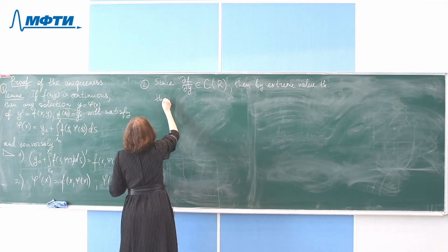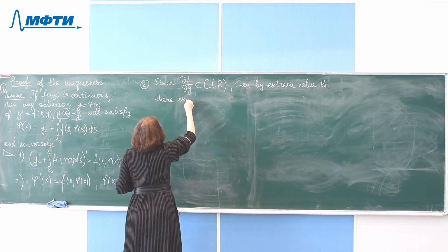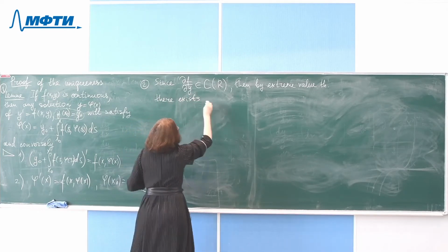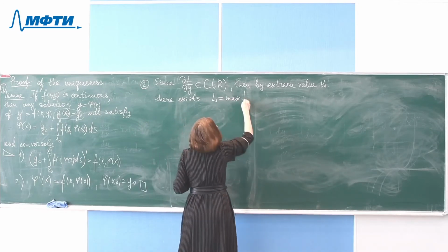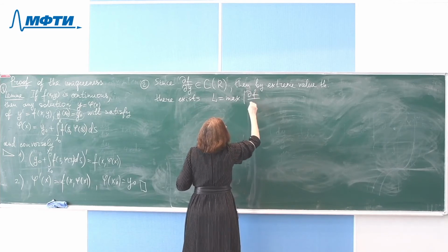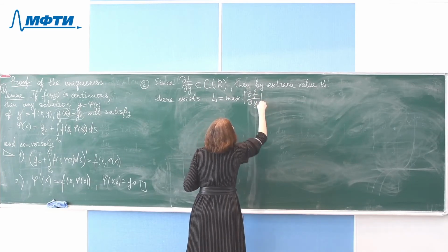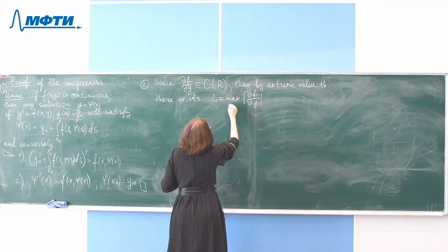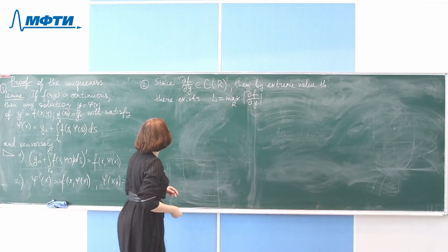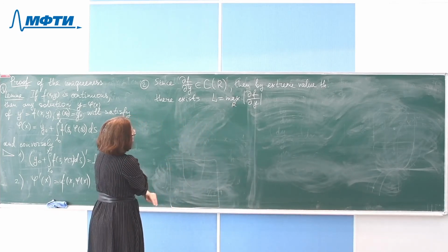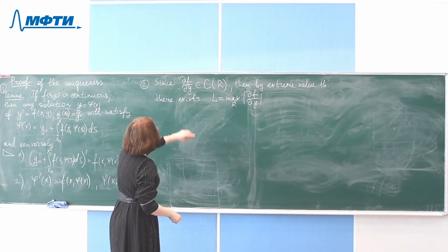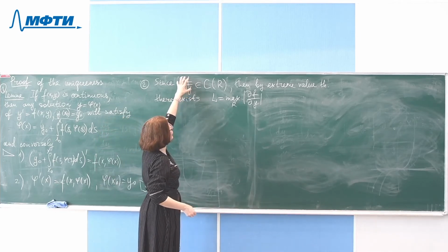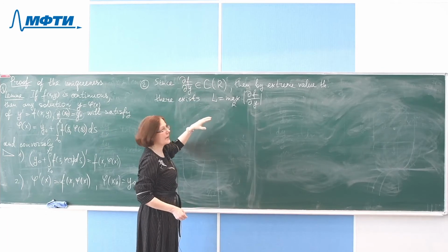So there exists L, which is the maximum of the absolute value of df over dy over this rectangle. And so we will use that the absolute value of this function is bounded on the rectangle.